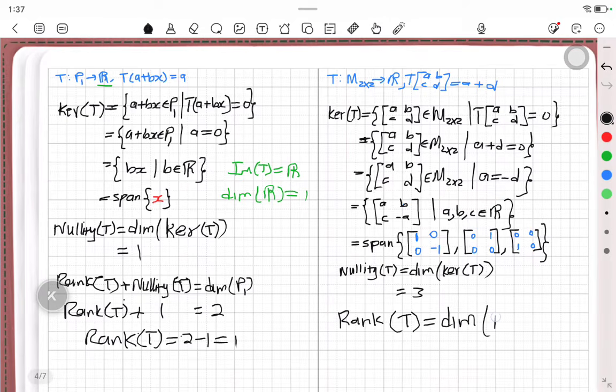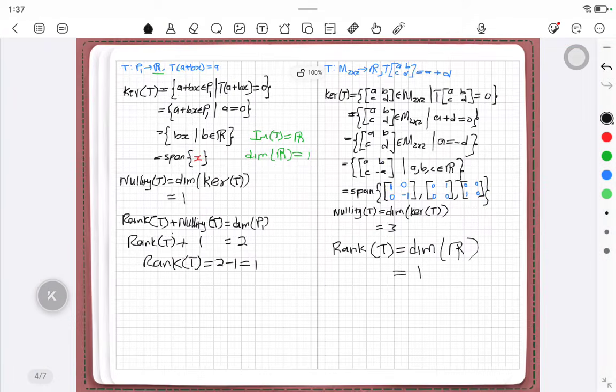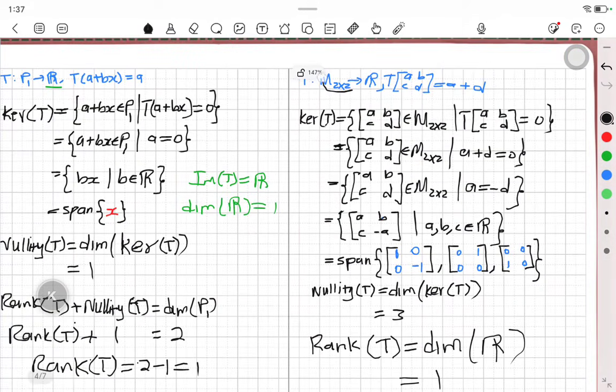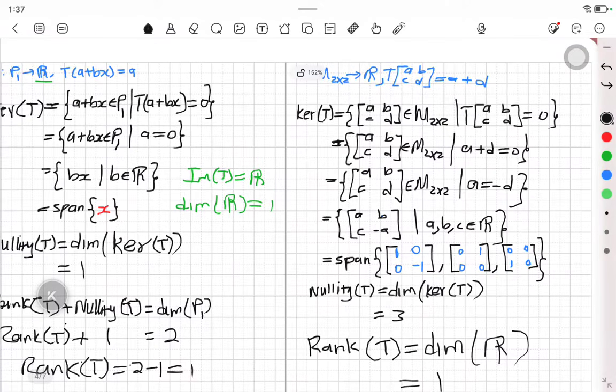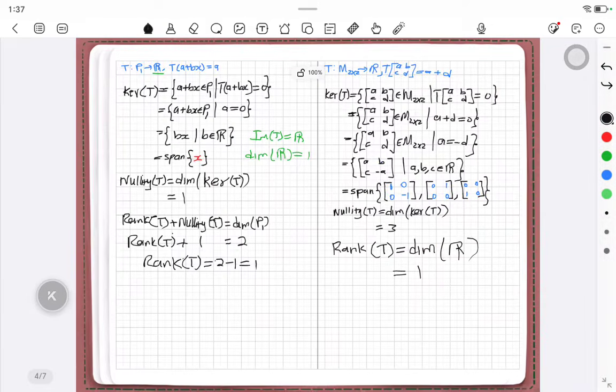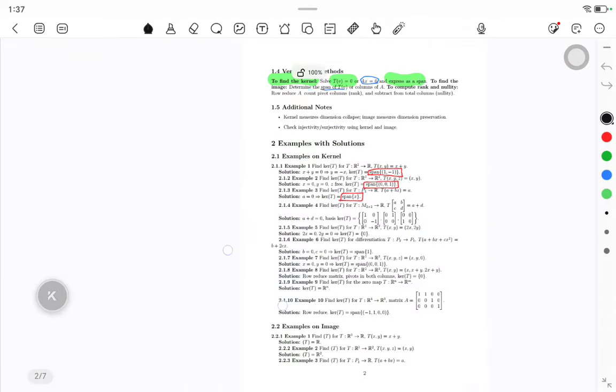So it's just this, right? So it's 1, right? Yeah. And how do you confirm that? The dimension of M22 is 4. So 4 minus 3 is 1. You agree, right? So without using the formula, you would be able to see that it is indeed like that.